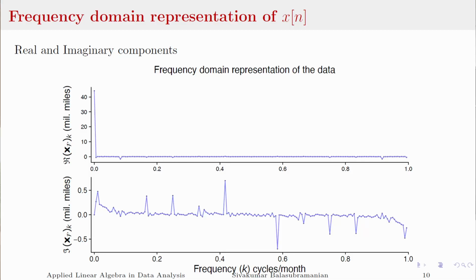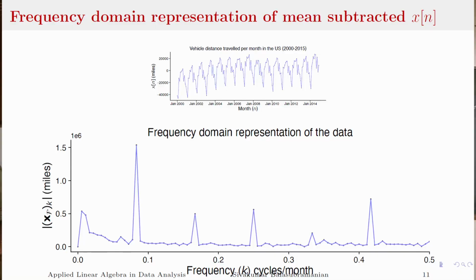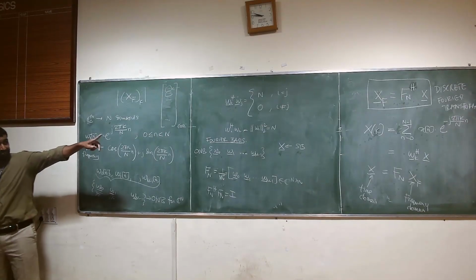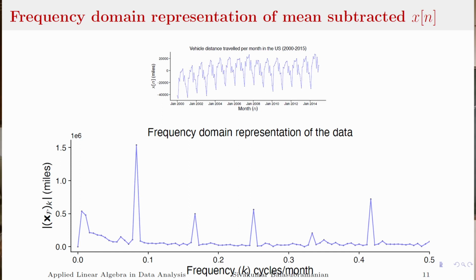I'll come back to this later. I take the original signal, I remove the mean. Okay, so now you see this is varying about 0. And now if you take XF, the Fourier decomposition, the first value will of course be 0 because I've deliberately made the mean of the signal 0.